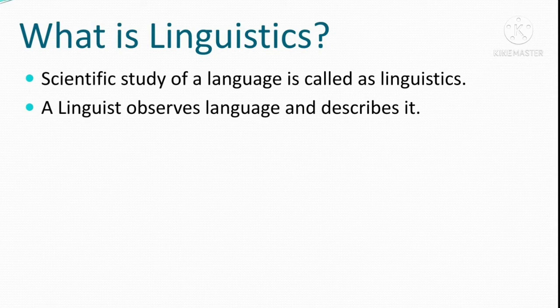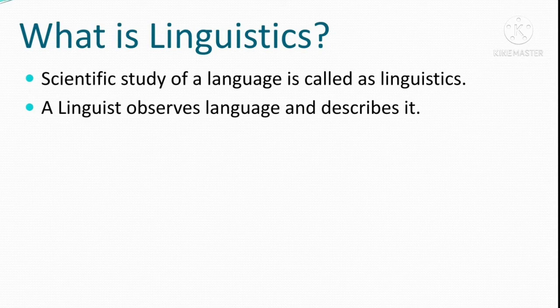What do linguists do? They observe a language and they describe it. Now, what is this observation? They listen to language, they read language, and they try to understand the intricacies or the nuances of language.